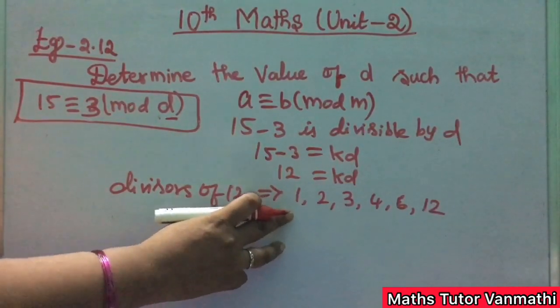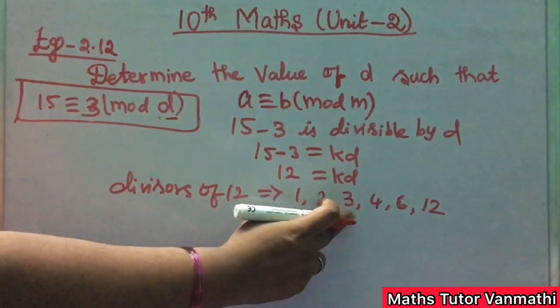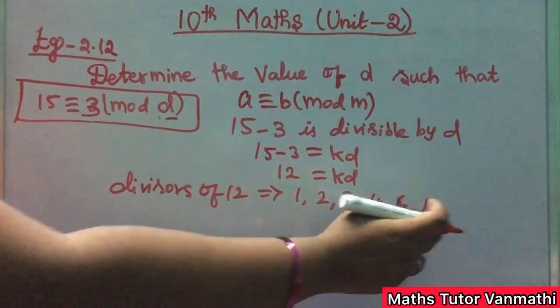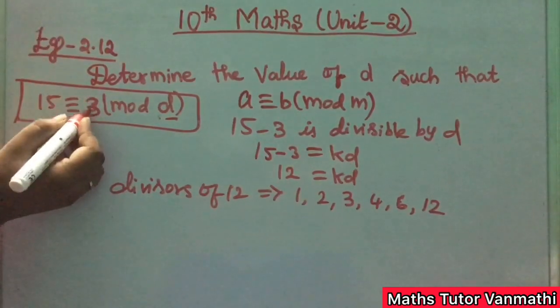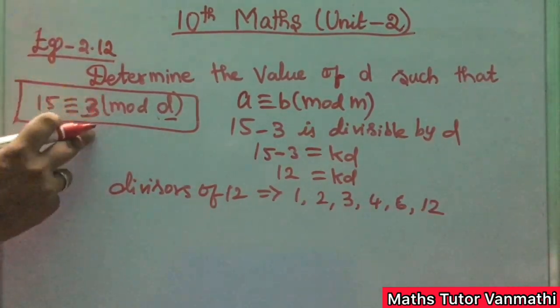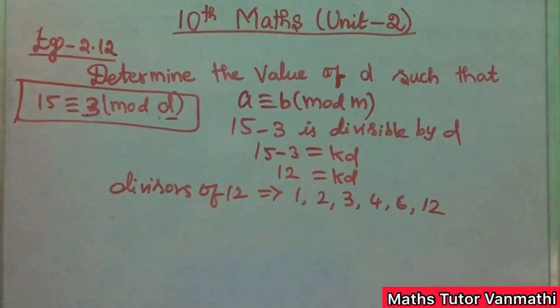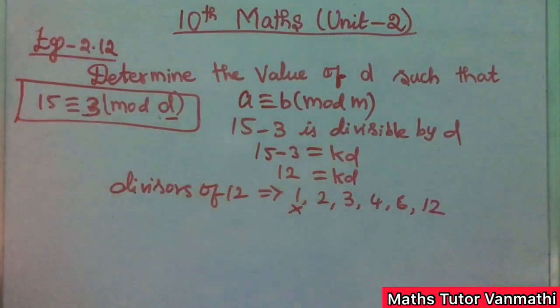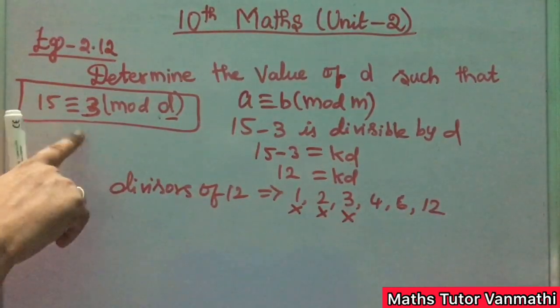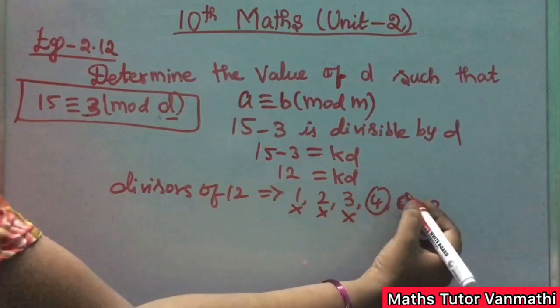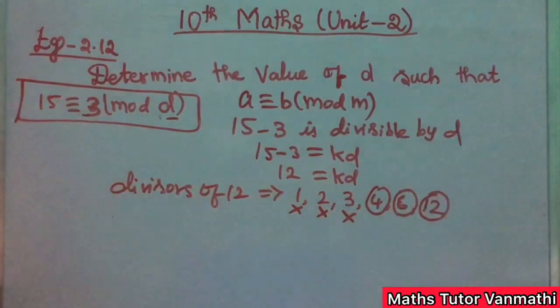1 12s are 12, 2 6s are 12, 3 4s are 12, 4 3s are 12, 6 2s are 12, 12 1s are 12. Here we are going to see what your remainder is. Remainder is your 3. Above this value only we are going to find the D values. So 1 will be neglected, 2 will be neglected, 3 will be neglected. Above 3 is your 4, 6 and 12.